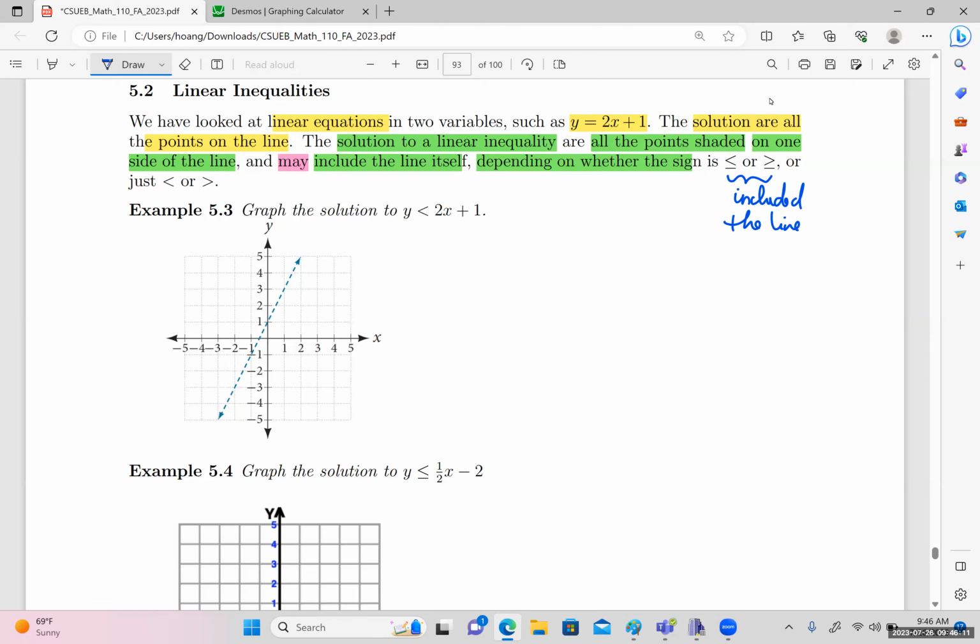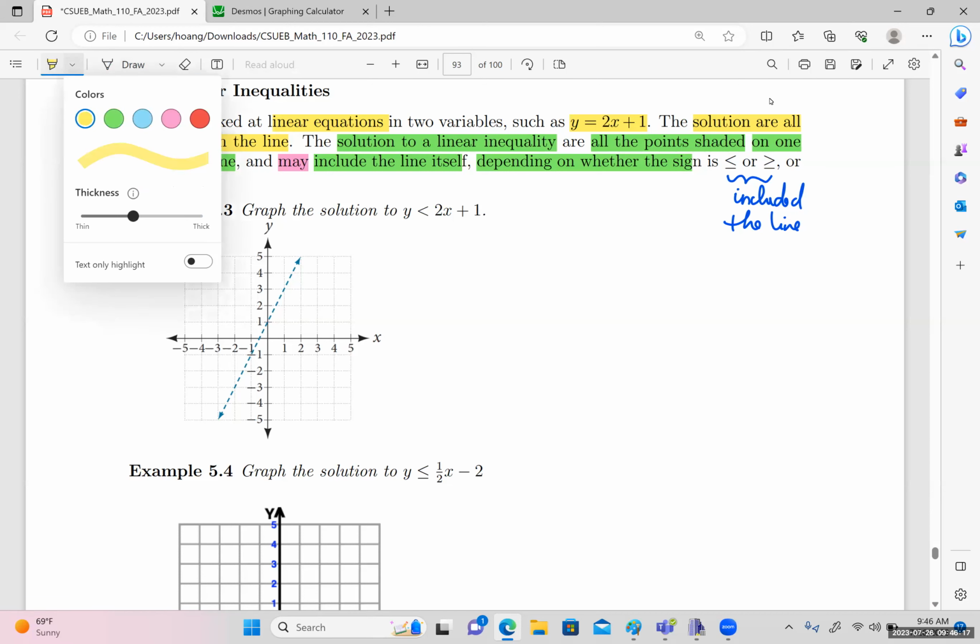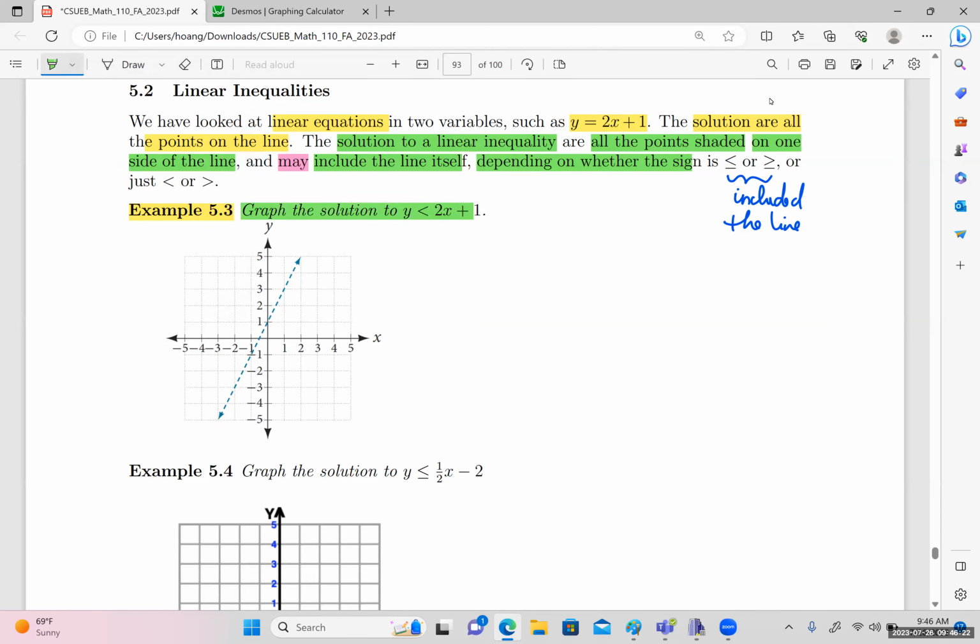Okay, so let's start. Do example 5.3. We're going to graph the solutions of y less than 2x plus 1.